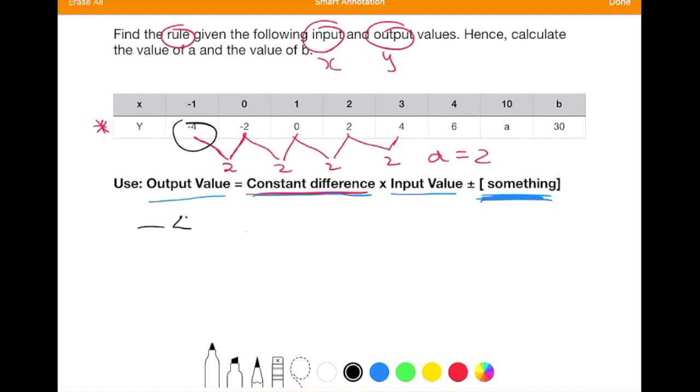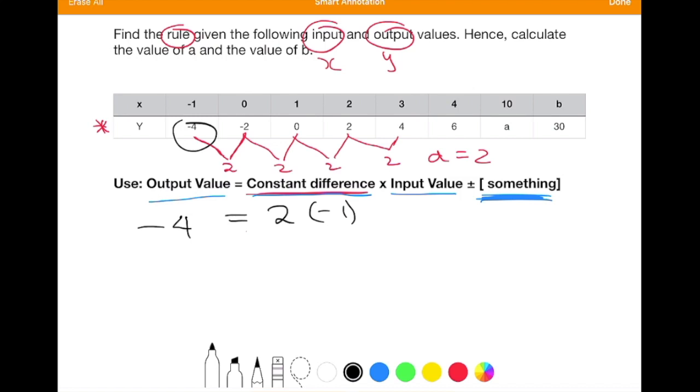-4 is our output value. The constant difference is 2, and we are multiplying the constant difference by the input value. The input value for -4 is -1. If you stop there and think about it, you will notice that 2 multiplied by -1 will be equal to -2.